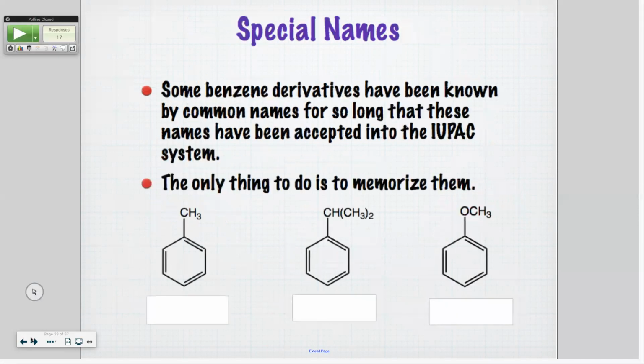Some benzene derivatives have been known by common names for so long that these names have been accepted into the IUPAC system. You look at this compound here and you want to go methylbenzene. But we don't call it that. It is called toluene.